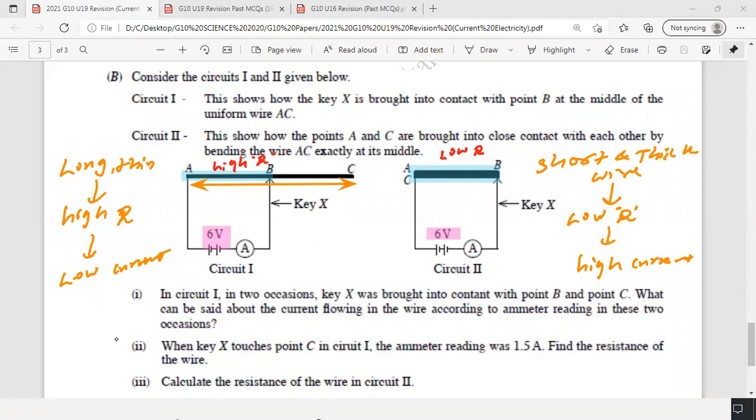So they are asking here, what can be said about the current flowing in the wire according to the ammeter reading on these two occasions?